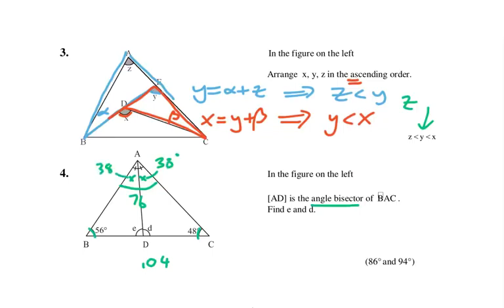Wonderful. All right, so then we're trying to find E and D, which are these ones here. What we can do here is use the exterior angle theorem to make the calculations a little bit easier. Let's add these two opposite interior angles. We get 48 and 38. That gives us, what, 86? So that's going to be E is 86 degrees because of the exterior angle theorem.